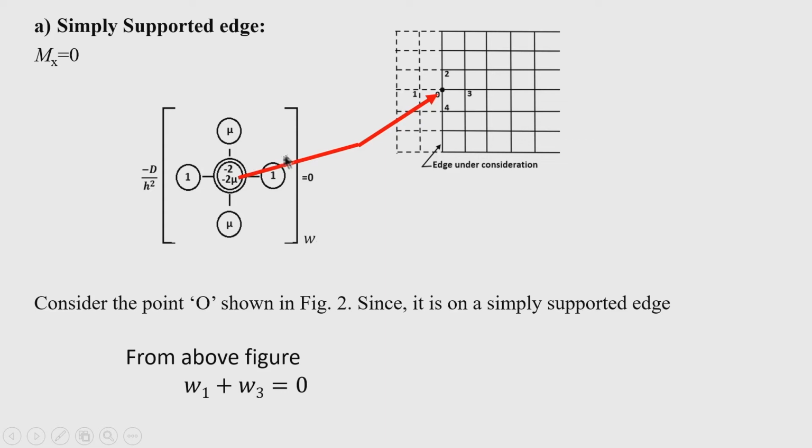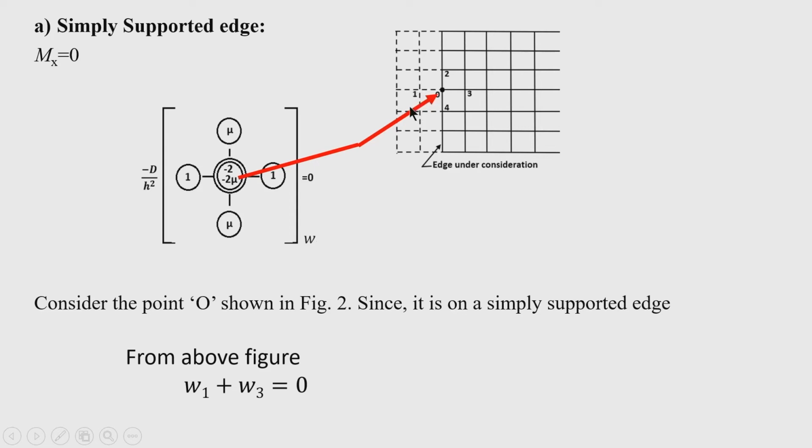If I put this here, then at the boundary the displacements are 0. So, the displacements of 2 and 4 are 0, and the displacement of this node, say 0, is also 0, because this is falling on the boundary. But the displacement of 3 is say W3, and here we get an imaginary node.